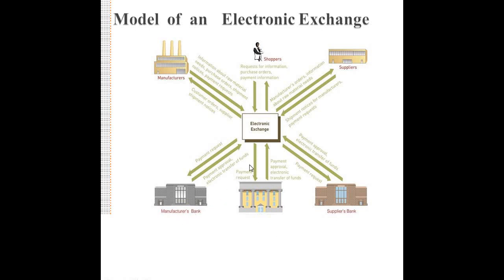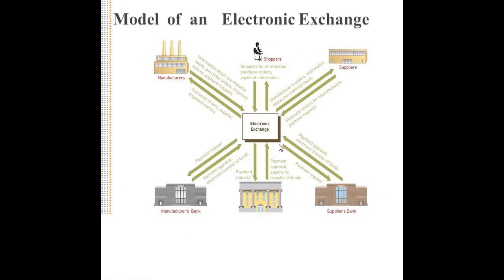Manufacturing banks have electronic exchange related to their payment approvals, transferring funds, and requests back to their manufacturing banks, and these are the payment requests which approve their electronic transfer of funds. So how are they related to each other?